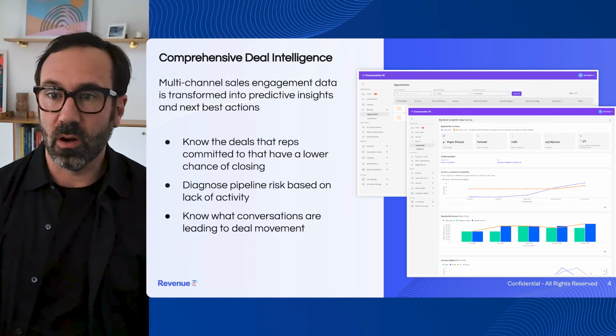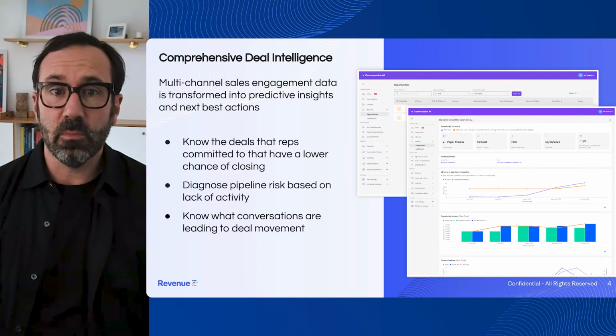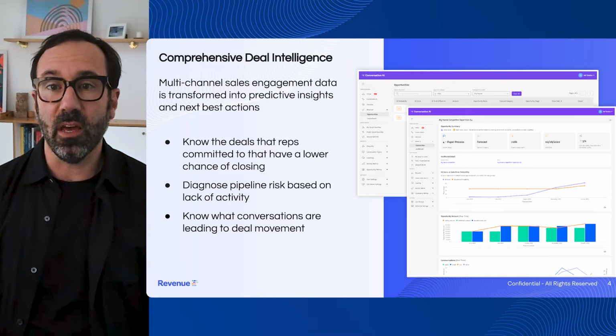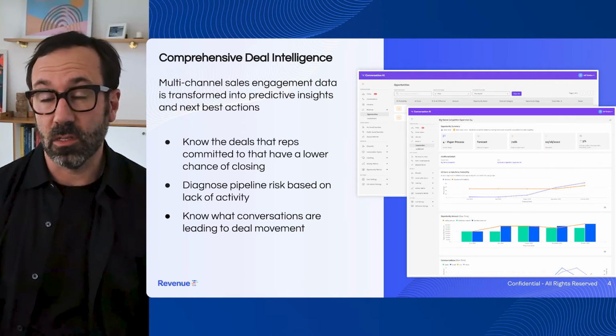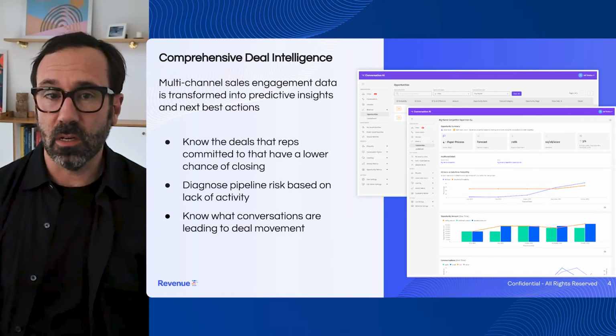Where are those deals that have sat at 75% likelihood to close, but there hasn't been activity? There's been variance. There's information that comes in every day that ultimately changes the likelihood of that deal to close, not just a static probability score that's set within CRM. Here we'll highlight that information and make it very clear which deals need help.